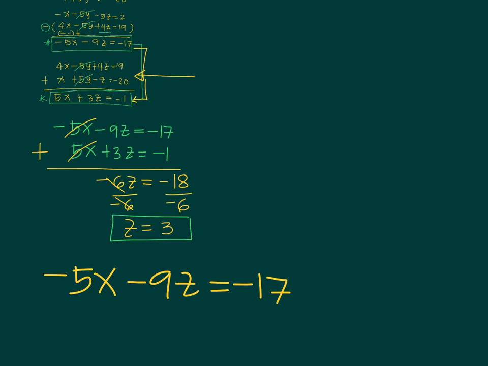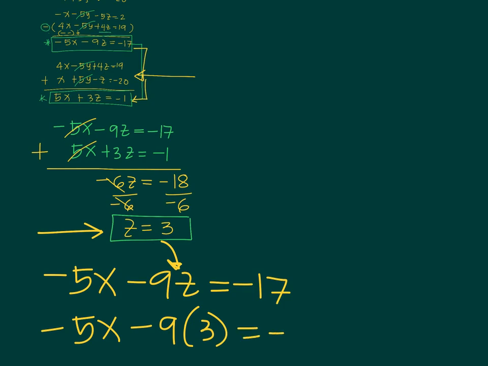Okay, so now that we know that z is 3, then all you have to do is to substitute that value on the equation negative 5x minus 9z equals negative 17. So we have negative 5x minus 9, z is 3, equals negative 17.